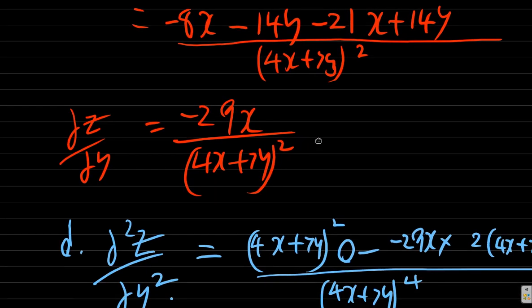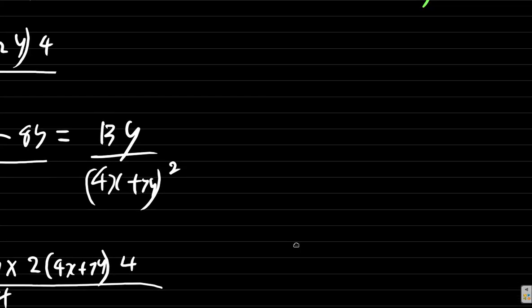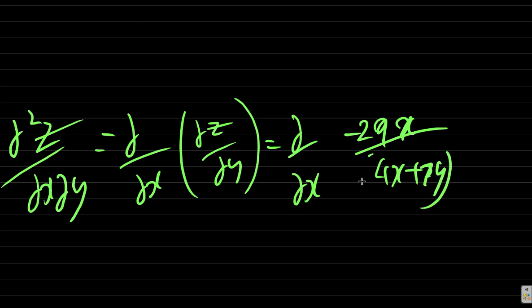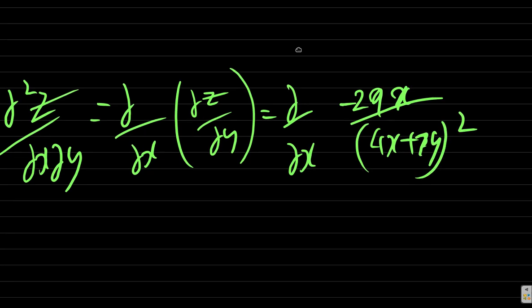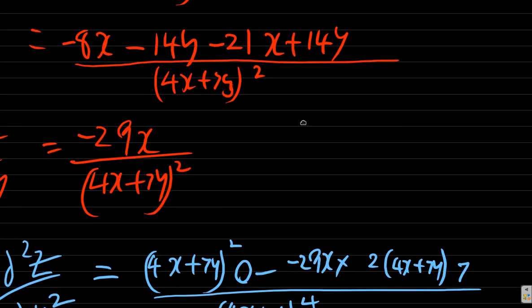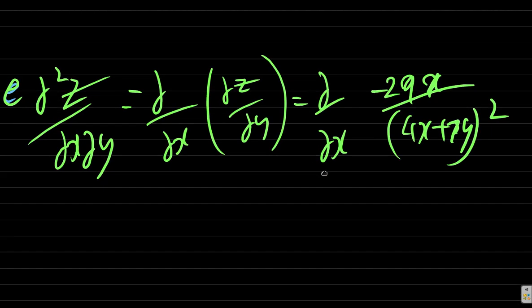It was this. So we have negative 29x over 4x plus 7y squared. Just double checking, 4x plus 7y squared, right? We're going to find this.